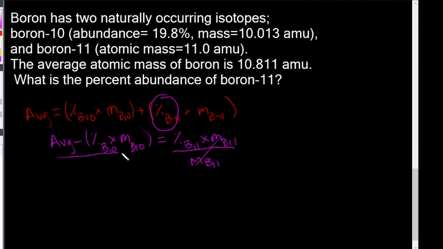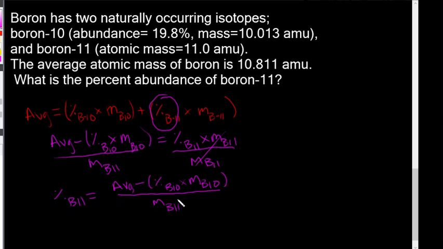So divide all of this by the mass of B11. That will tell us that our percent of boron 11 is equal to the average atomic mass minus the percent of B10 times the mass of B10, divided by the mass of B11.